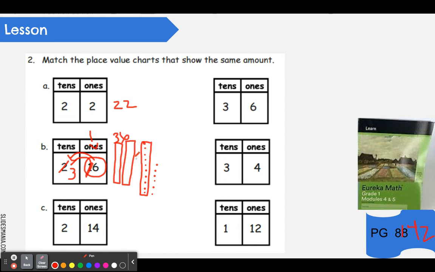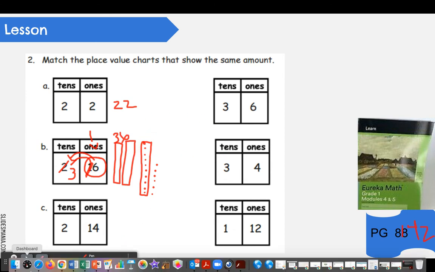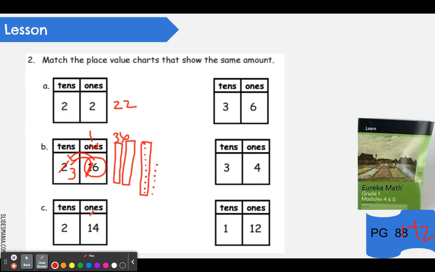Okay. Let's go ahead and go to the next one. Let's do C together. Okay, so I'm going to draw it so this can help us. So I have 2 tens. This is my 2 tens group.